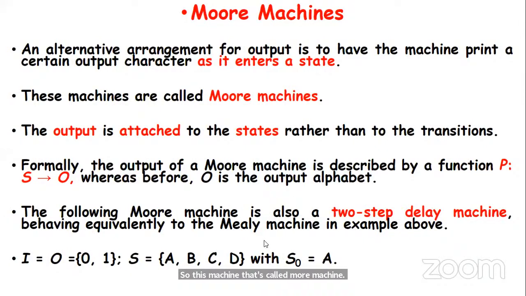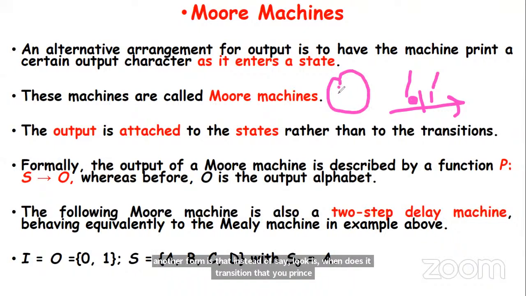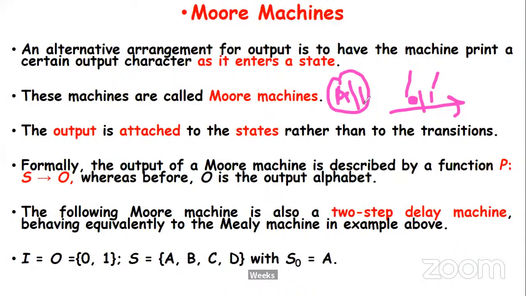What he's saying is that instead of printing the output on a transition, with this input and this output, another method is to print the output with the state.